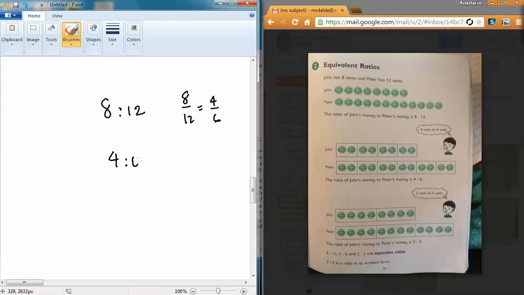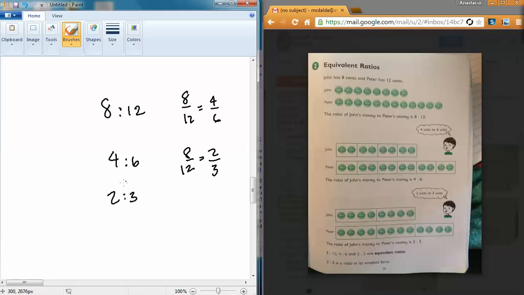But I hate to say it, they didn't do it right the first time. You could reduce 8 over 12 even more. Instead of dividing both the top and bottom by 2, which would give me 4 over 6, I'm going to divide both the top and bottom by 4, which gives me 2 over 3. That's the most reduced. So the actual ratio is 2 to 3.